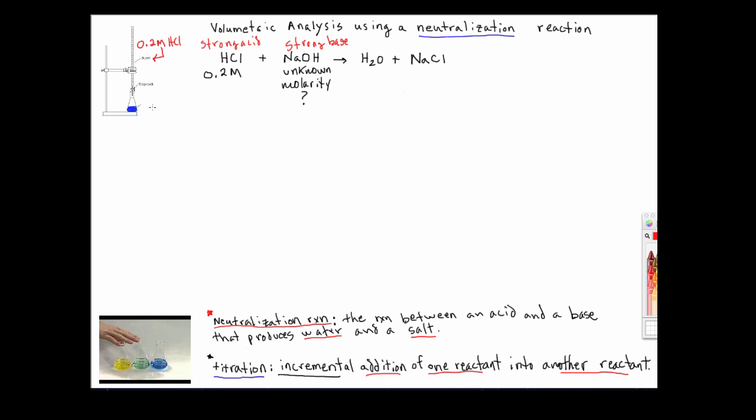And the unknown solution, so the X molarity NaOH, is going to be present in what I call the collection flask, or the Erlenmeyer flask to be technical about it, but I call it a collection flask. And it will be located in the collection flask with a total volume of approximately 20 milliliters of solution. And I'm going to abbreviate solution as SOLN.